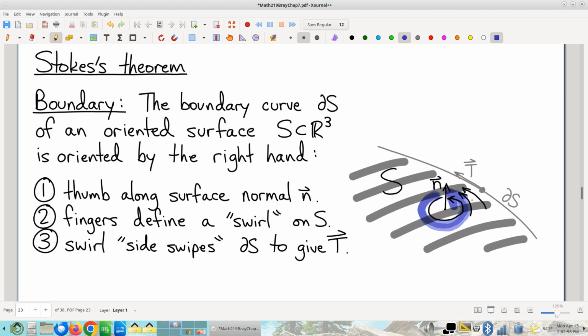But as it hits the boundary, it's hitting going that way, not that way. Does that make sense? Yeah. Sure. So whichever way that side swipes up against the boundary, that's the induced orientation on the boundary curve. Arbitrary and kind of random.